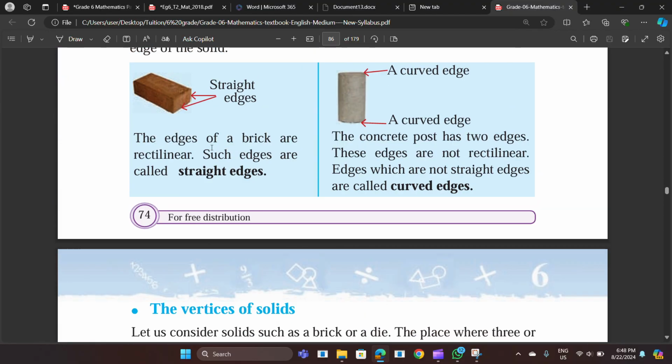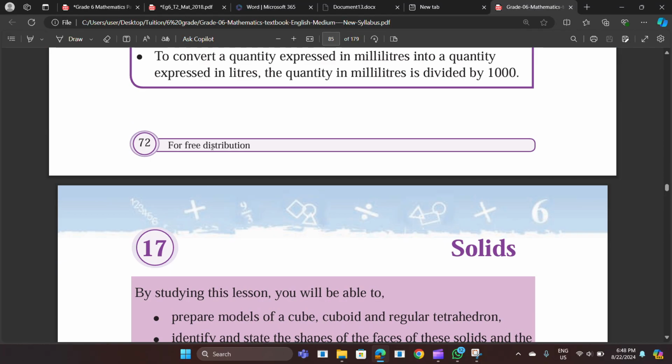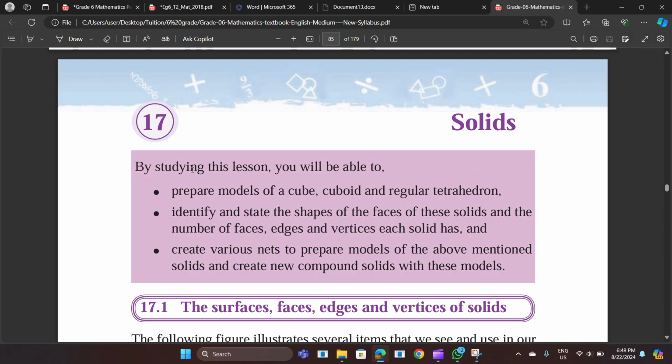What are they? Do you remember what are they? They are cube, cuboid, and regular tetrahedron. Okay, they are the three solids you have learned so far in this chapter: cube, cuboid, and regular tetrahedron.